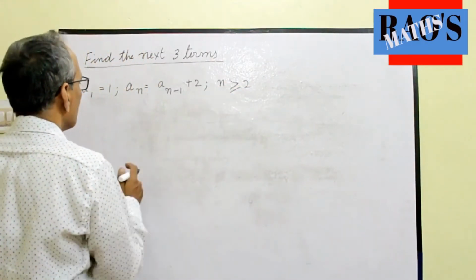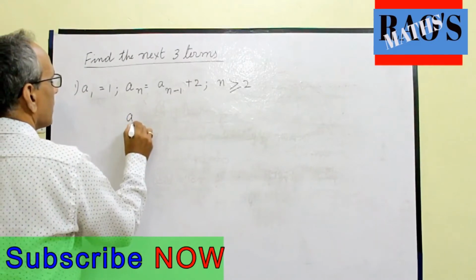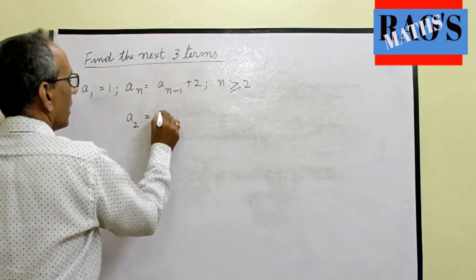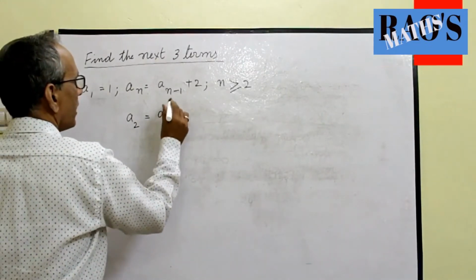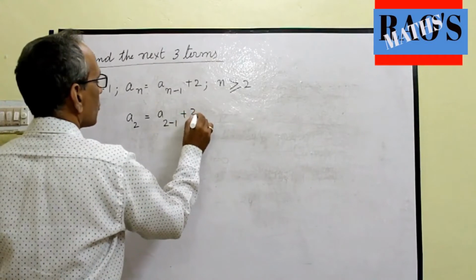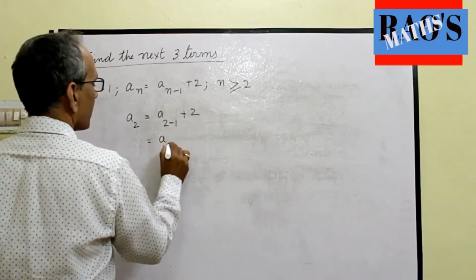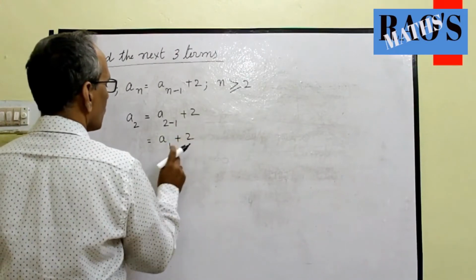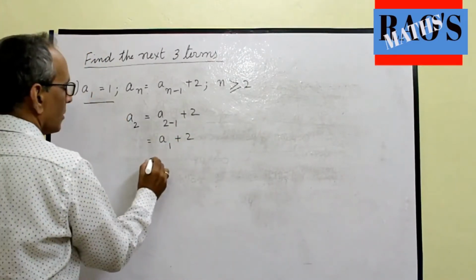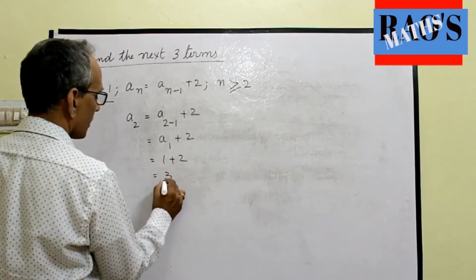So if I start from 2, that means the second term is a(2 minus 1) plus 2. That is a1 plus 2. What is the first term? Already we have, that is 1. So that is 1 plus 2. Of course this is 3.